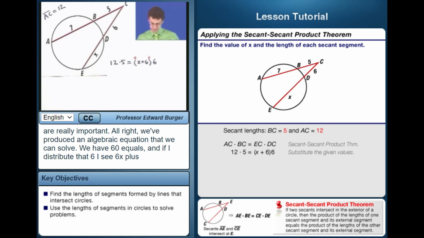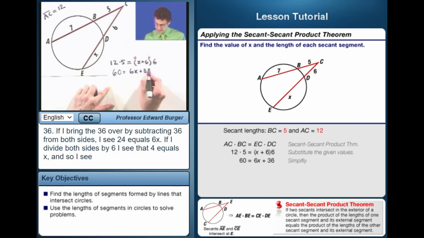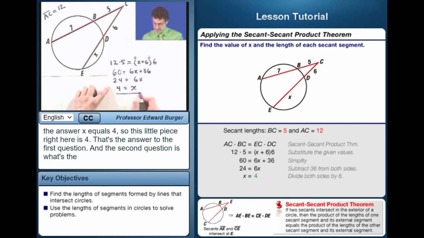All right, anyway, we've now produced an algebraic equation that we can solve. We have 60 equals, and if I distribute that 6, I see 6x plus 36. If I bring the 36 over by subtracting 36 from both sides, I see 24 equals 6x. If I divide both sides by 6, I see that 4 equals x, and so the answer is x equals 4.